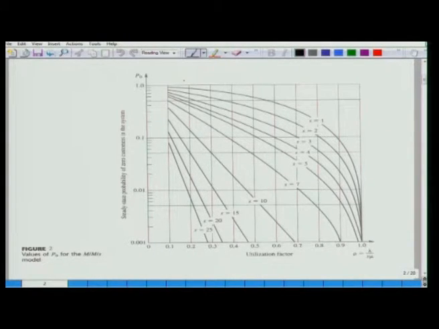But the other important contribution of this graph is that, remember the expression for the steady state probability when you had more than one server was a lengthy one. So, now you can actually plot it for different values. If I know my utilization factor is, say, 0.7, and I want to find out what the corresponding value of P naught will be.